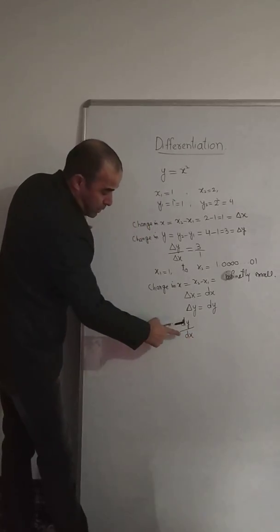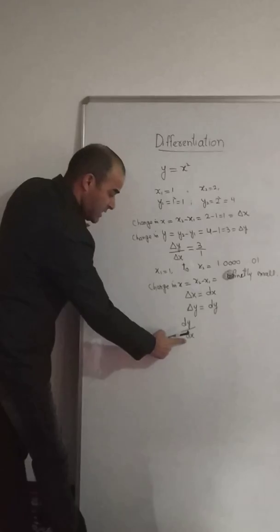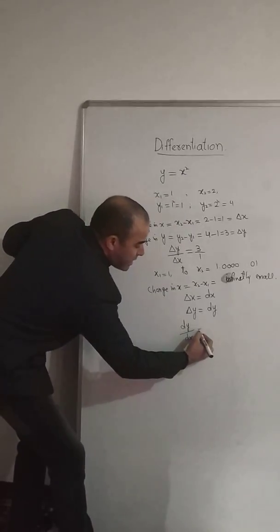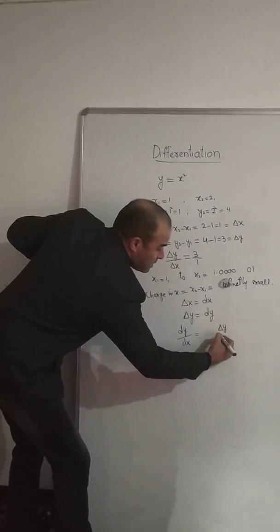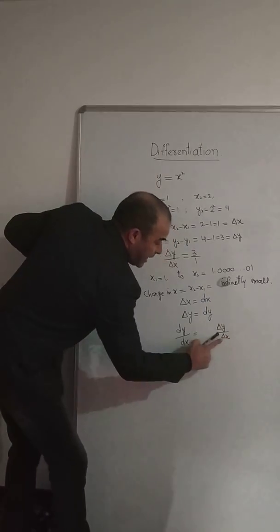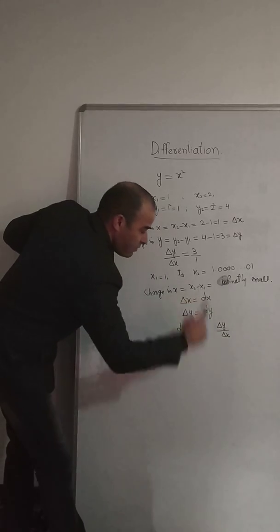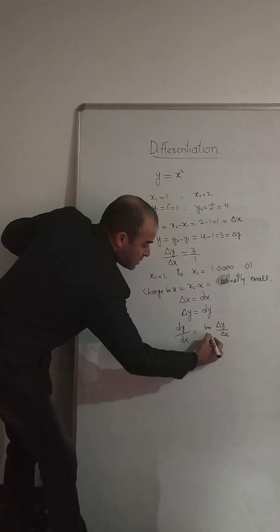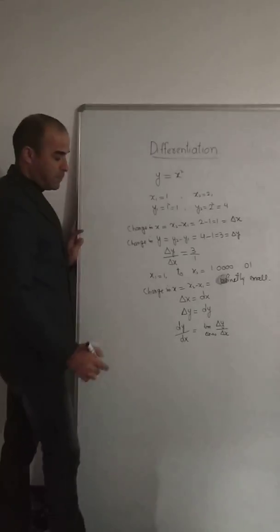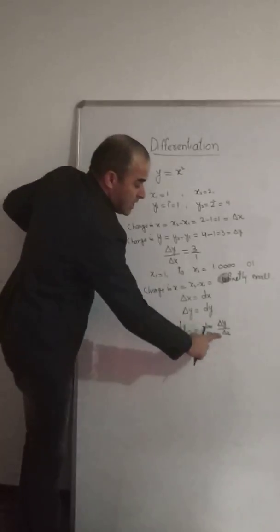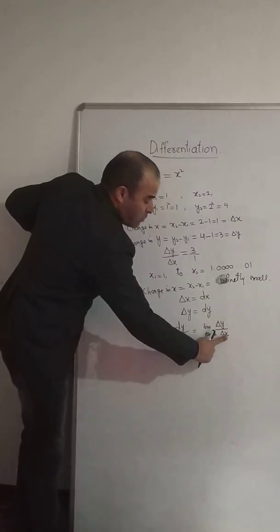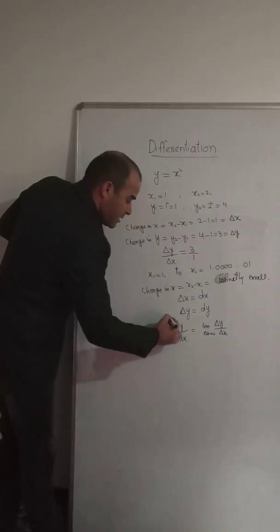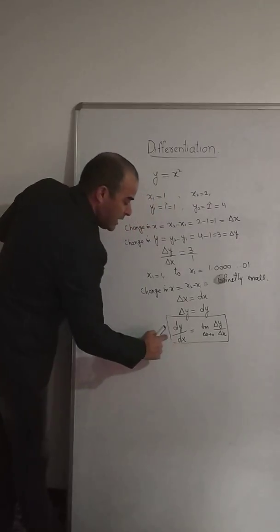But we have to remember that this change in x is infinitely small, so it is actually delta y divided by delta x, and when delta x is infinitely small, we say limit delta x tends to 0. That means whenever the change in x is infinitely small, delta y by delta x can be represented by dy by dx.